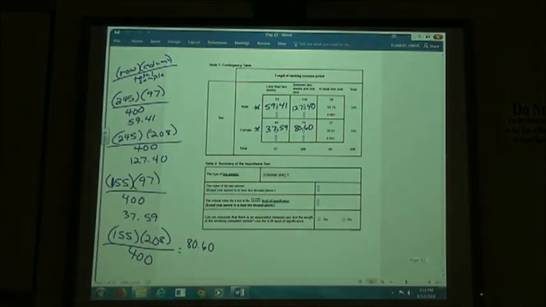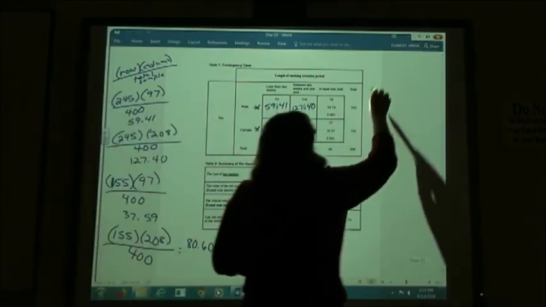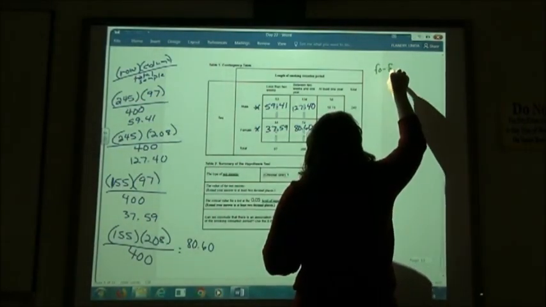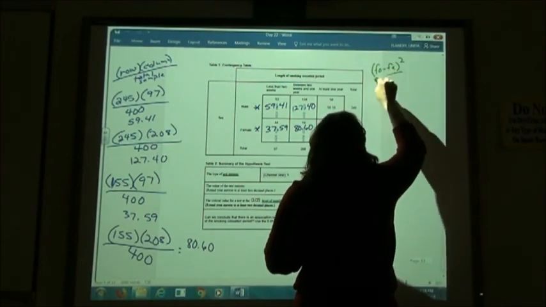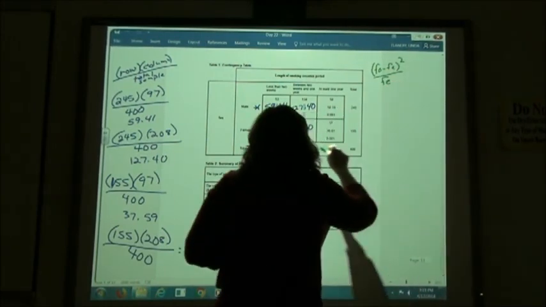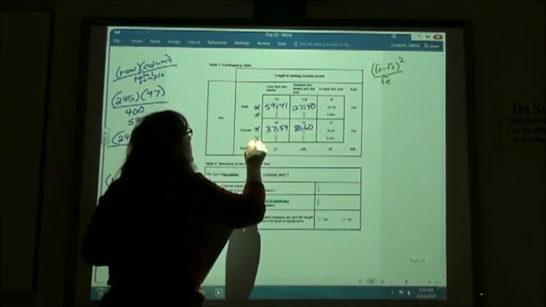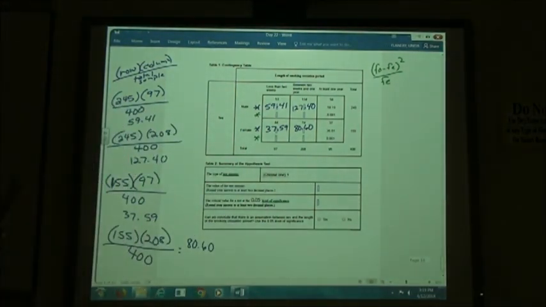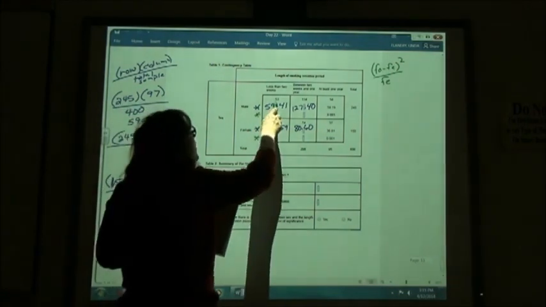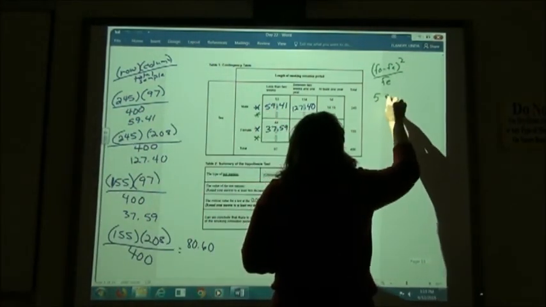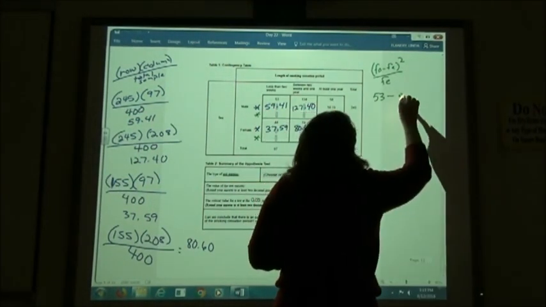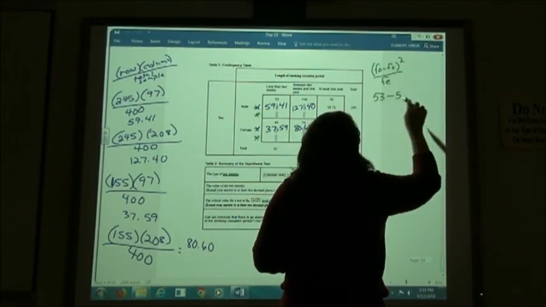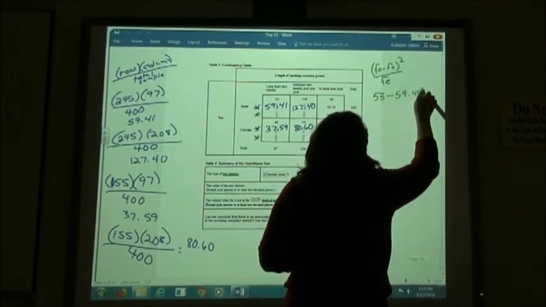The bottom rows, we're using our formula. So we're doing FO minus FE squared over FE. The bottom ones we're going to do in green just so you can see where those came from. Observed frequency is 53. Expected frequency was 59.41.